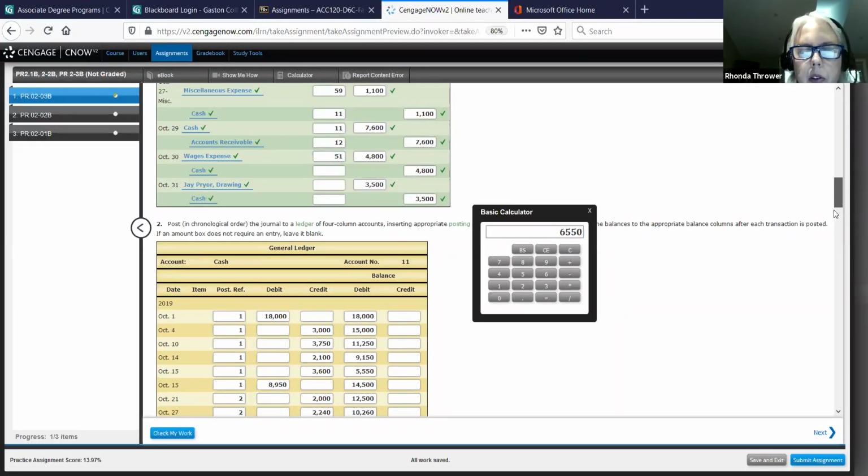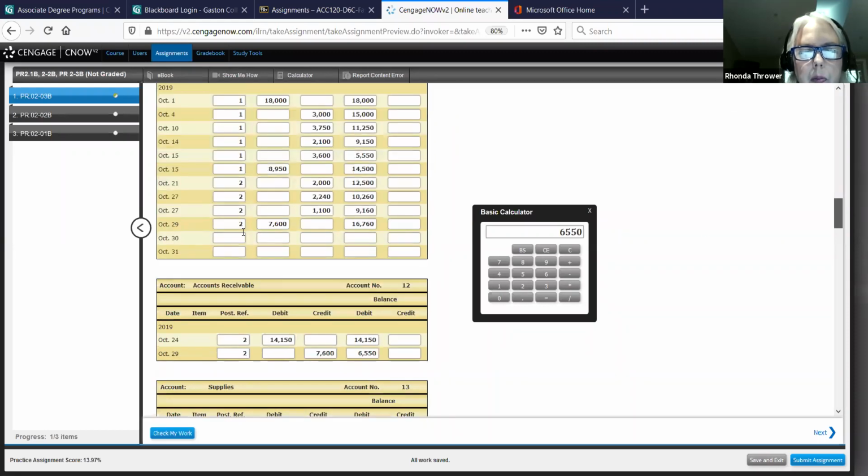Then the cash is credited for $4,800. When we credit cash, we're reducing our cash. Our previous balance was $16,760. We're going to subtract $4,800 from that. And that'll leave us with $11,960.